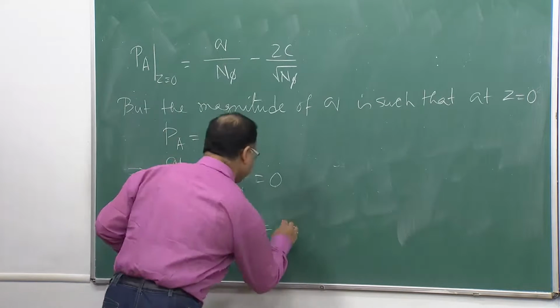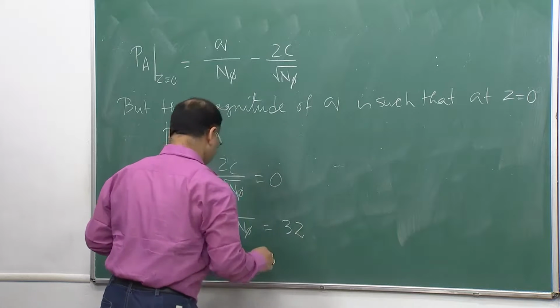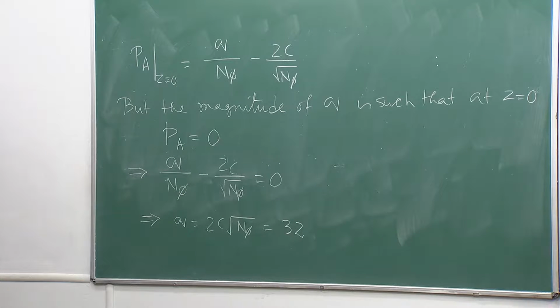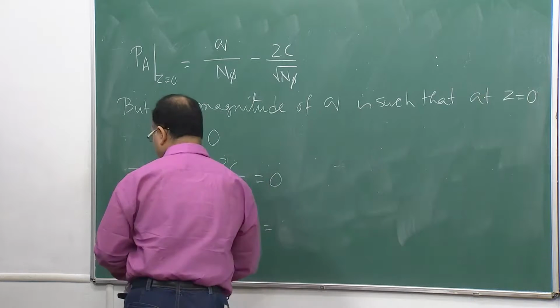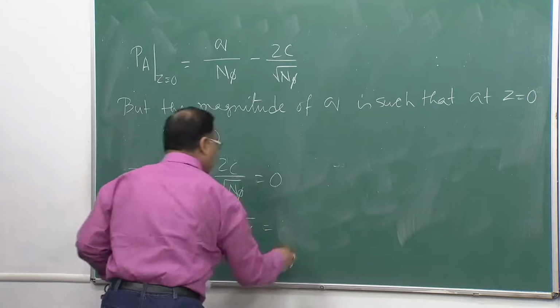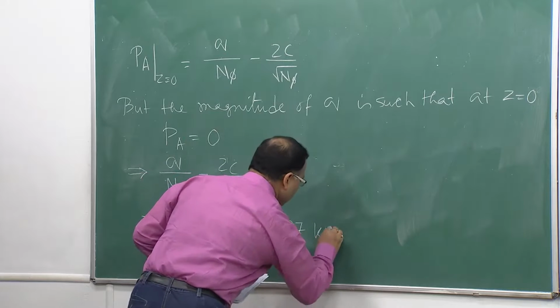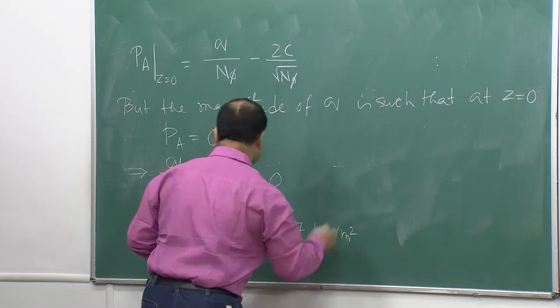By putting all these values, I will be getting Q equal to 37 kilonewton per meter square.